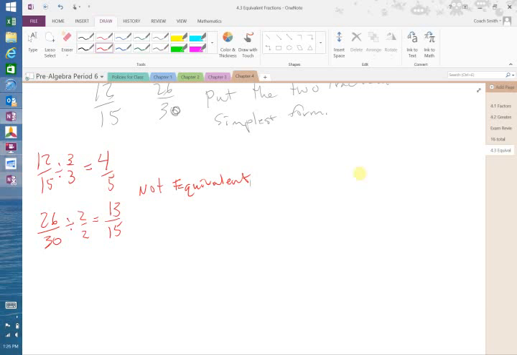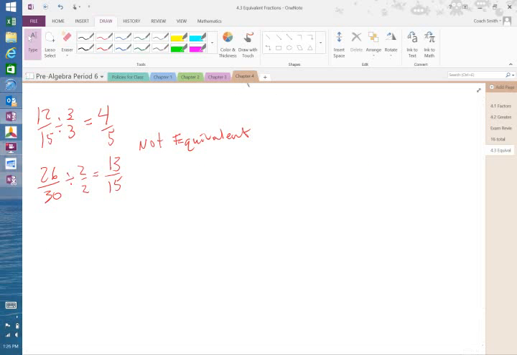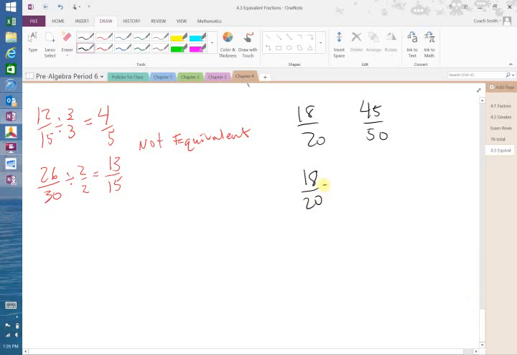Okay, let's look at another one. Very similar to this, 18/20 and 45/50. If I reduce 18/20, what can I reduce it by? 2. 2 goes into that 9 times. 2 goes into that 10 times. So 9/10.